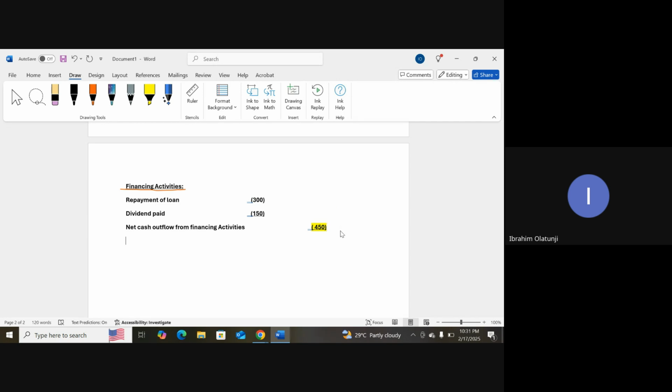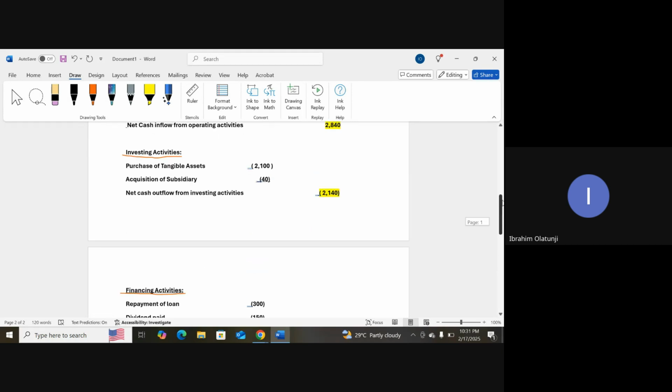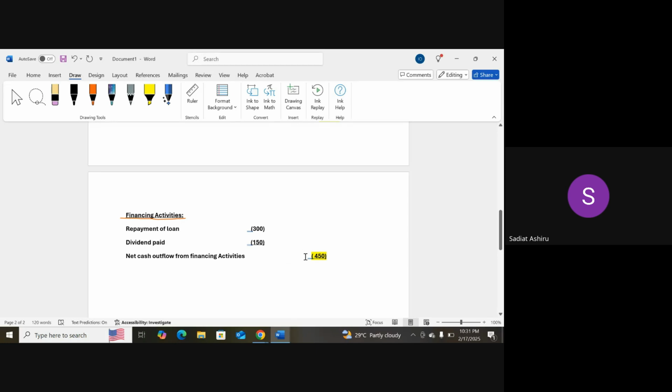When you cast the 3, if it is a positive answer, you will say increase in cash and cash equivalent. But if it is a negative answer, you call it decrease in cash and cash equivalent. So is it a positive answer or a negative answer? It's positive. Positive of how much? 250.